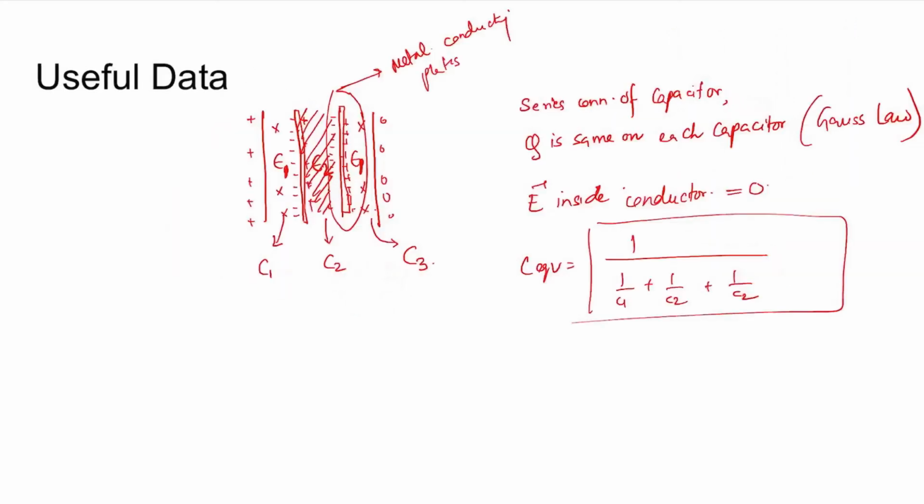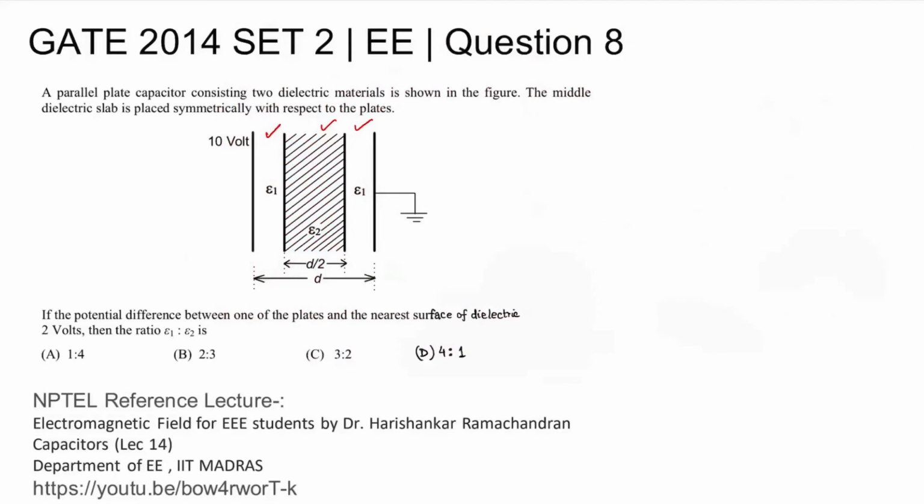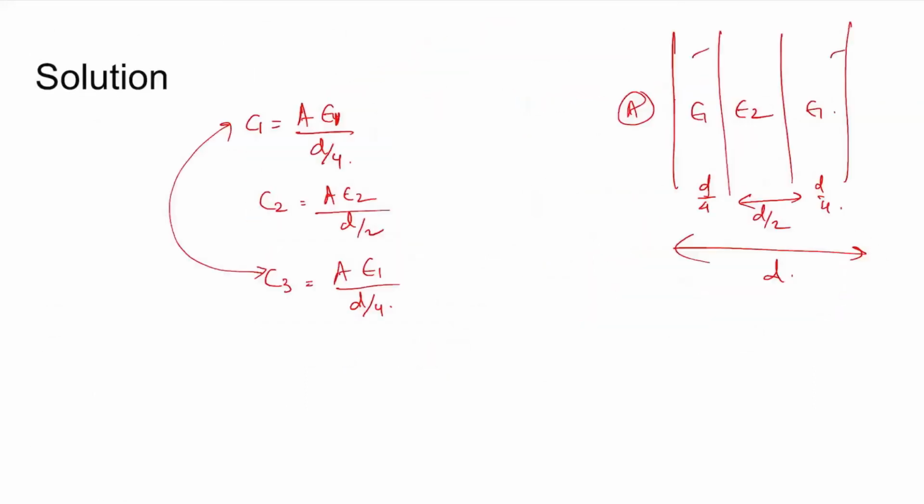So C1 and C3 are equal. Now what is being asked in the question is the potential difference between one of the plates and the nearest surface of the dielectric. Let's say this plate, because these are equivalent, symmetrical. So for capacitor 1, the voltage across capacitor 1 is given by Q equals CV. So C1 into V1 equals Q, the charge.